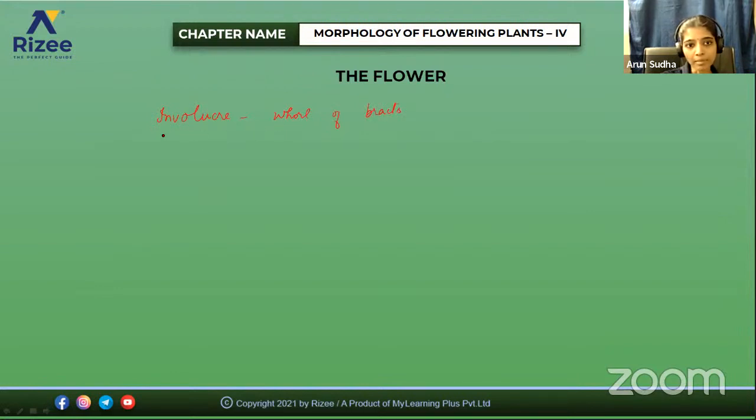And spathe. So what do you mean by spathe? When a large bract completely encloses the whole inflorescence, that is a bunch of flowers.